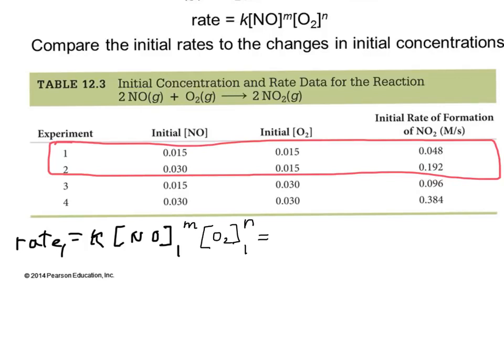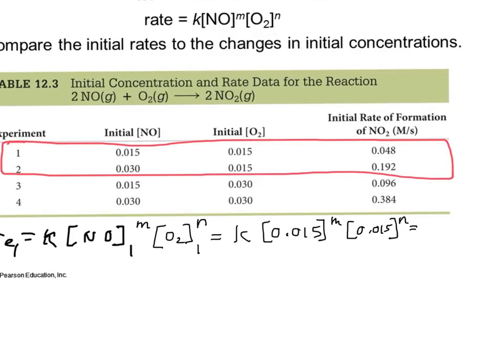If we plugged in actual numbers, I'm pulling these numbers off the chart there where I circled them. And then the other side's that rate there, right? So that's all for experiment 1.